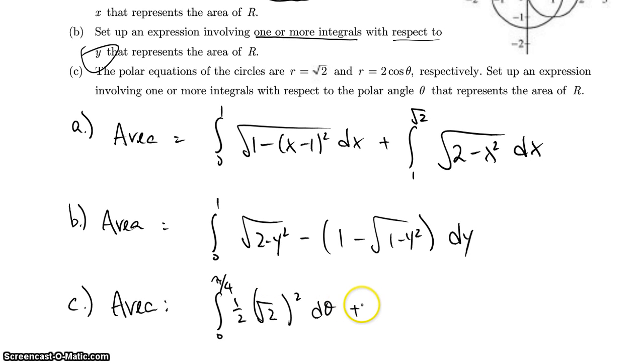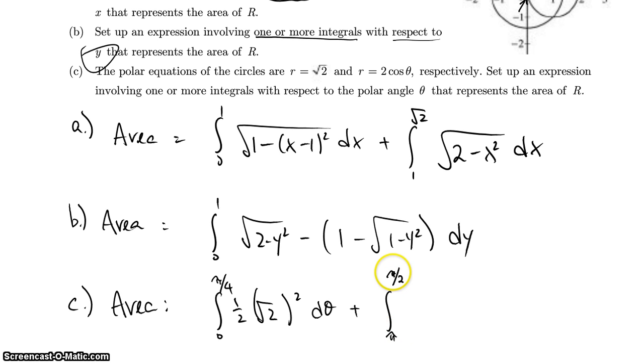Now the unshaded area is the smaller circle. We know that because r equals 2 cosine theta, so this point and this point are pi over 2 and pi over 4.